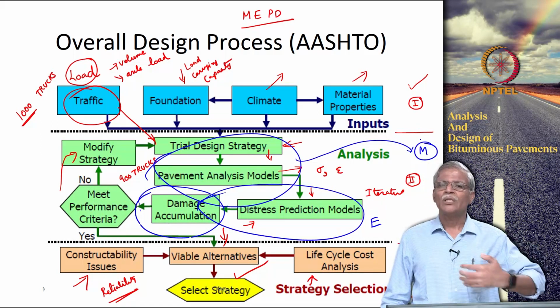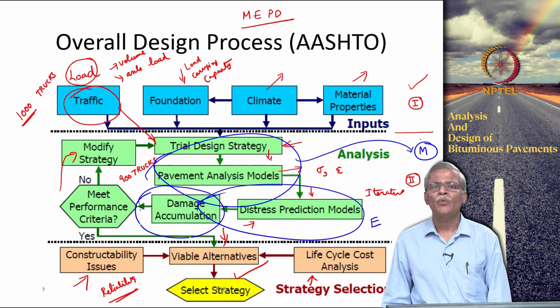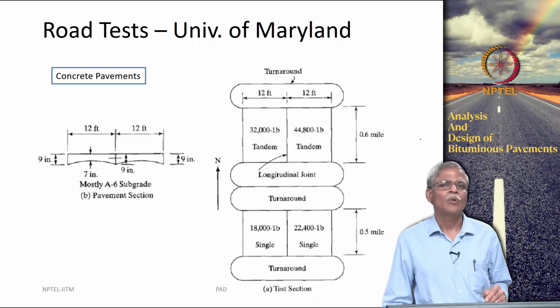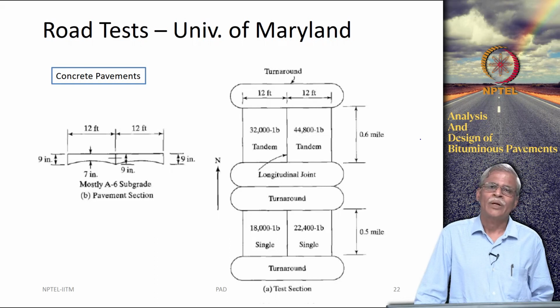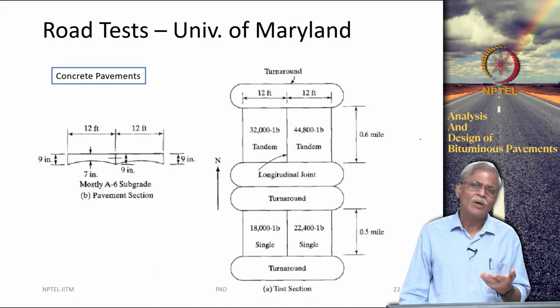Now, what is the origin of this empirical part? For that we need to go back in history and talk a little bit about the road tests that were carried out in the United States. These things happened immediately after the Second World War.